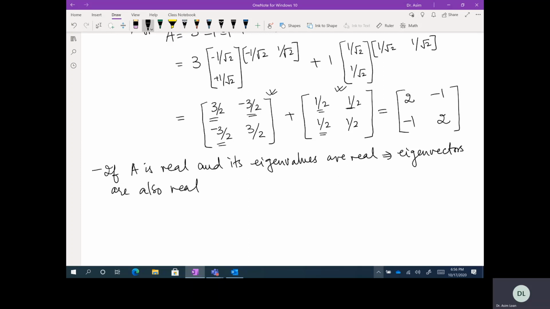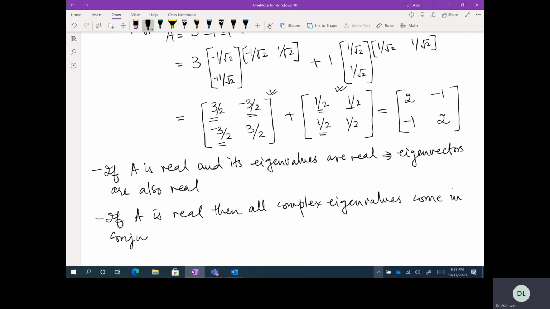And if A is real, and this is the case that I just talked about, then all complex eigenvalues come in conjugate pairs.